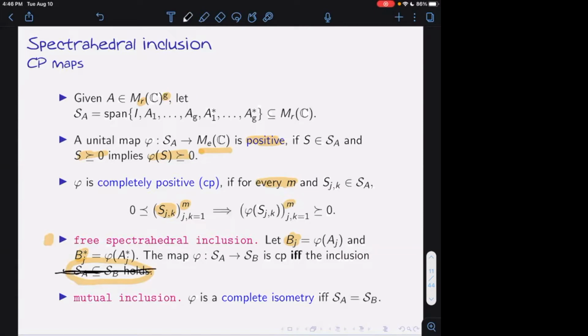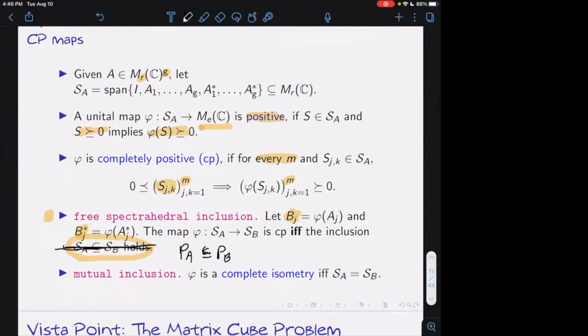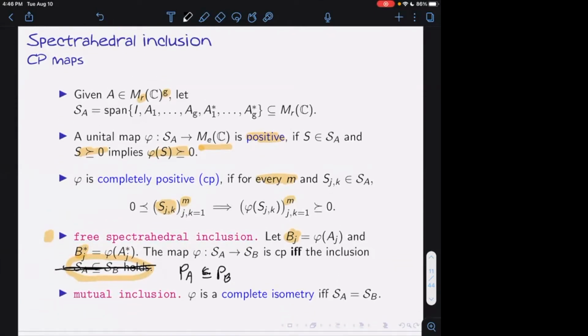I want this inclusion. So this inclusion is saying that this map is completely positive. Okay, so that's an alternate way of thinking about it. And then we'll want to look at mutual inclusion, which is asking that we get both inclusions, and that's saying both phi and its inverse are completely positive. A map with that property is known as a complete isometry.